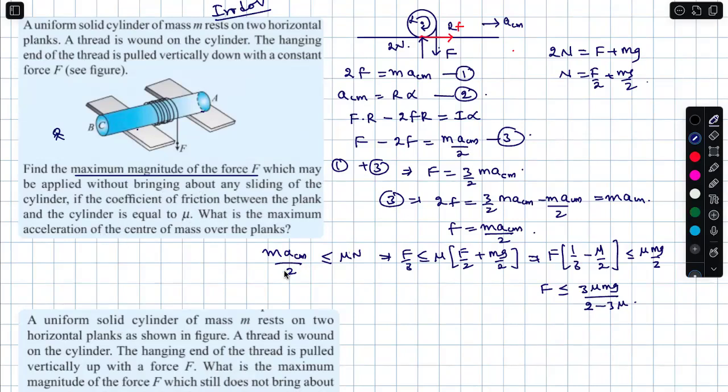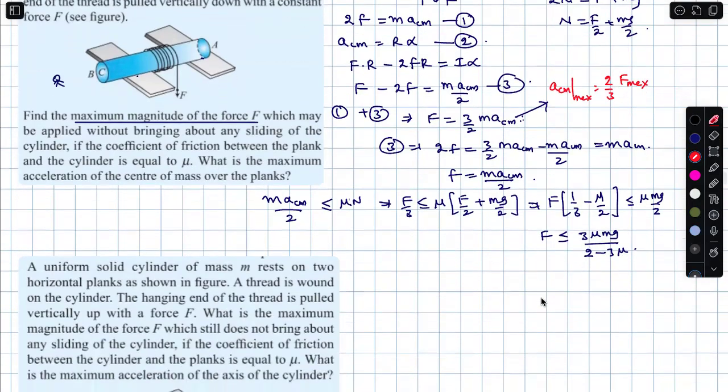What is the maximum acceleration? That also you asked. From this, ACM max is 2/3 F max. So what is F max here? From this, F max is 3 mu mg by 2 minus 3 mu.